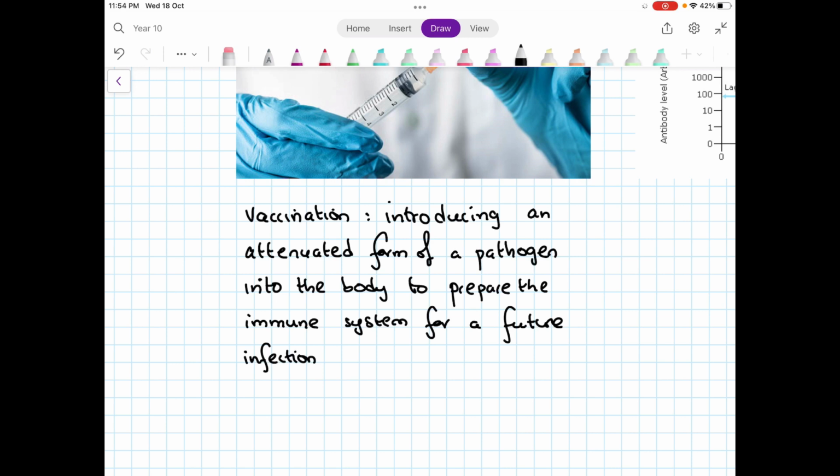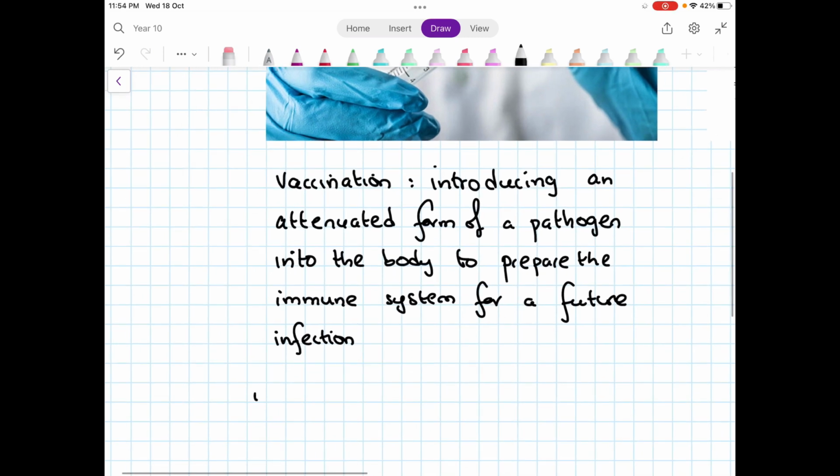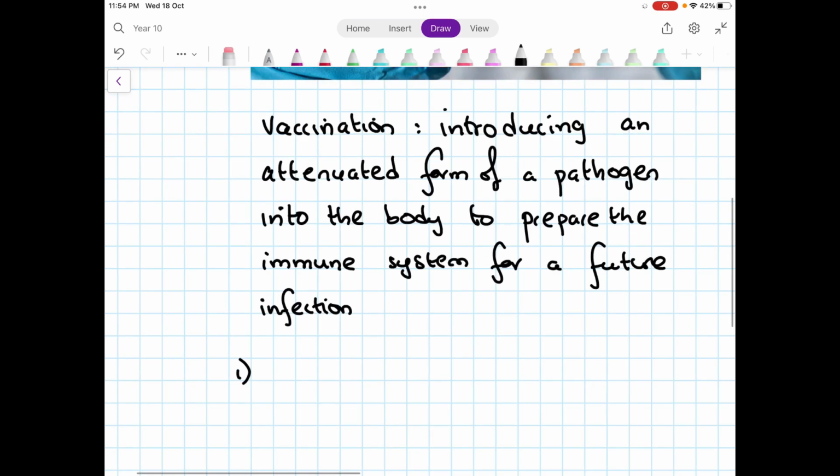So there are four main types of vaccines that we could come across. First, there are vaccines which include live pathogens, but they're treated to be made harmless.